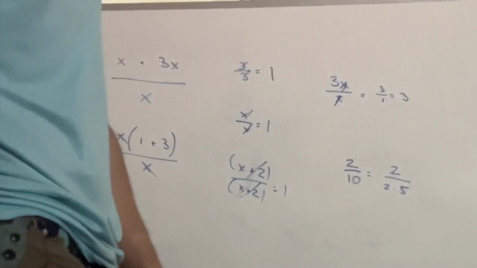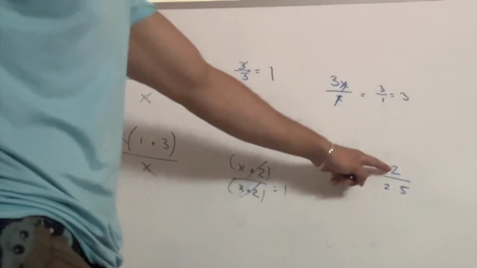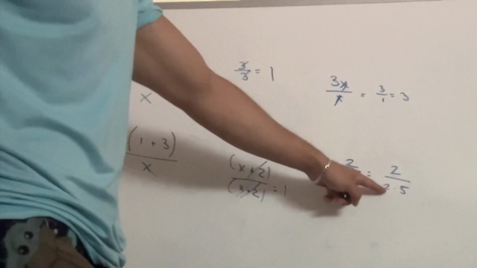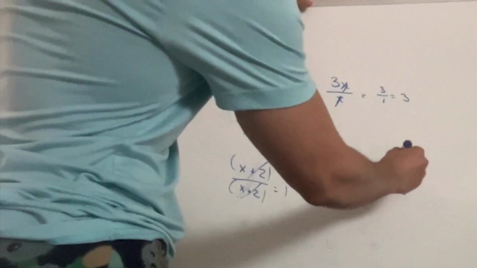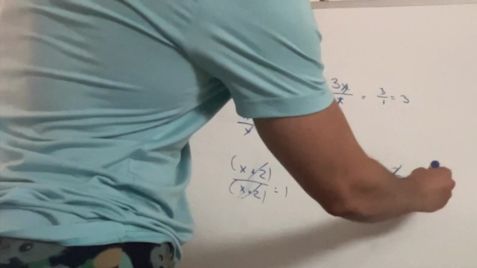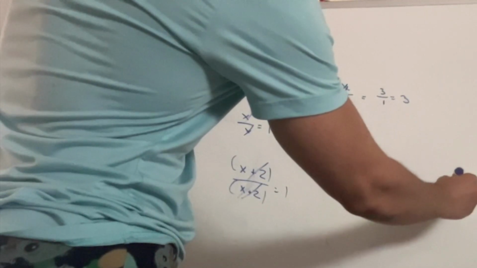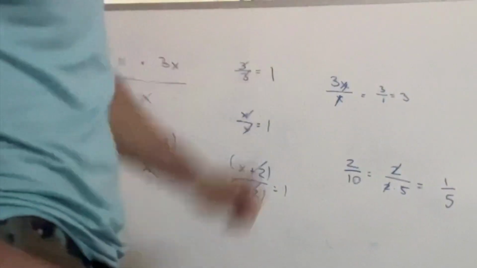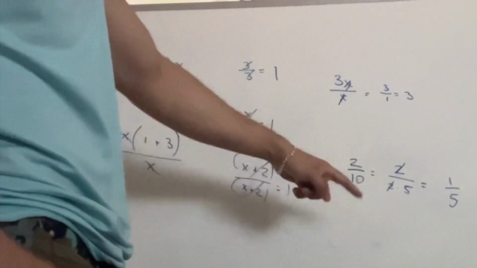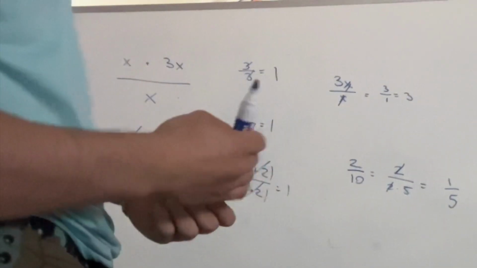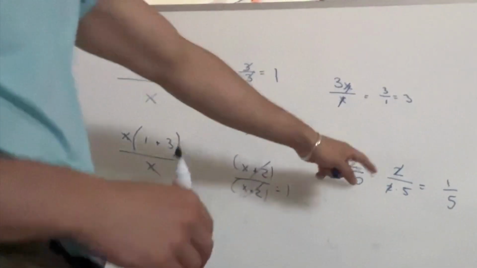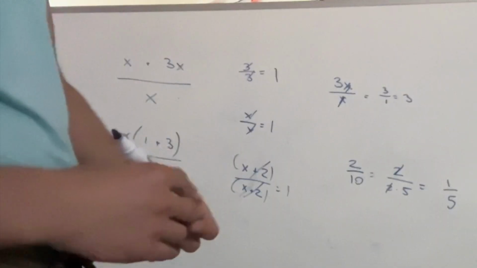And so 2's on top, 2 on the bottom is being multiplied with everything on the bottom, so we cancel out this 2 with this 2, which is just 1 over 5, which is the same thing I said. Some people could just see it, it's just going to be 1/5, but that takes practice, and if you want to do it this way, it might be better to visualize it that way.